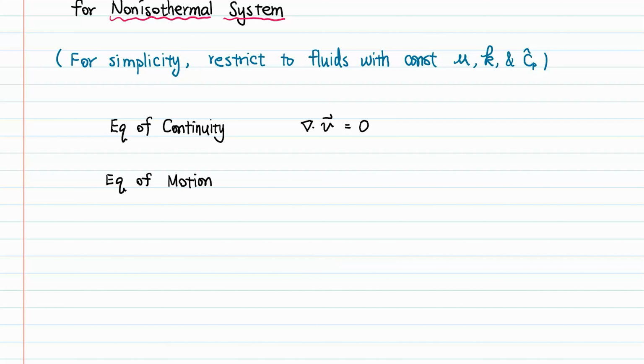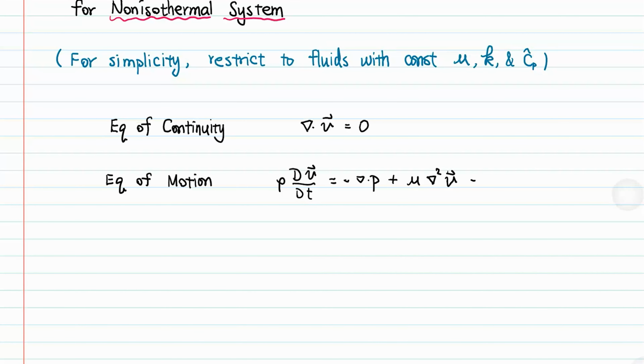The equation of motion is basically saying that the substantial derivative of velocity, which includes the time-dependent term and the convective terms, equals the negative gradient of pressure plus the viscous forces, so mu times the Laplacian of velocity. And then you have external forces.